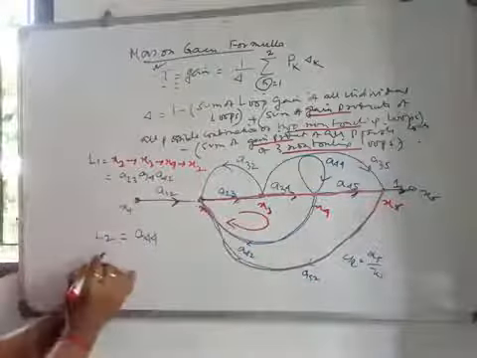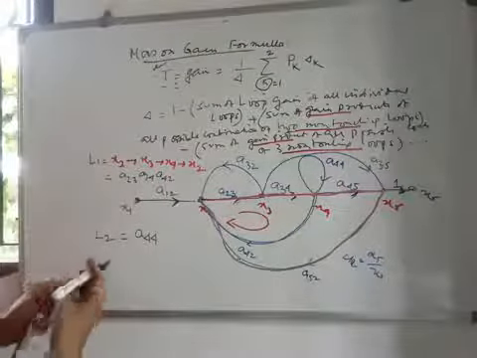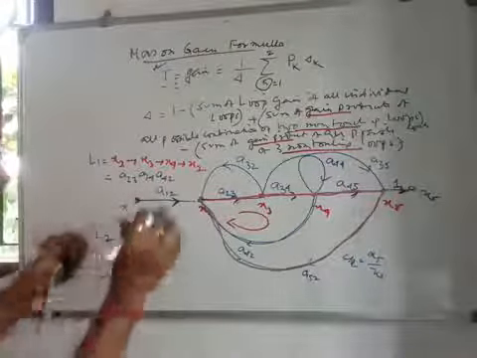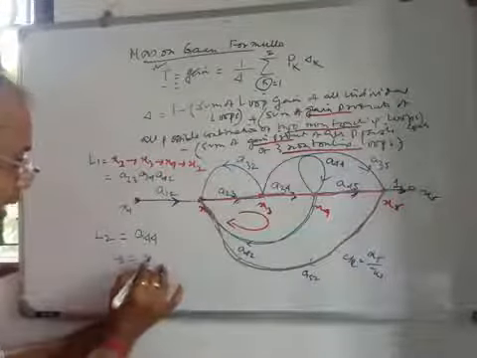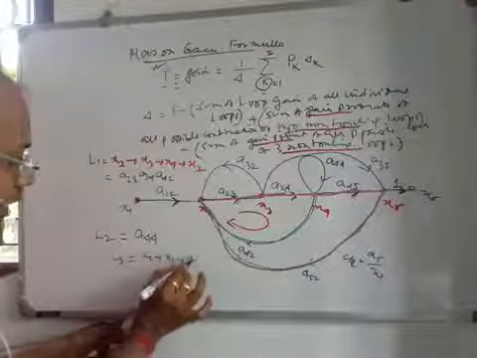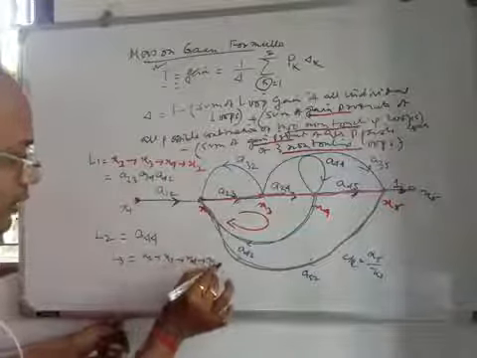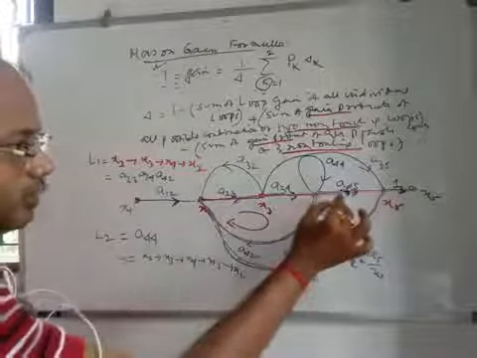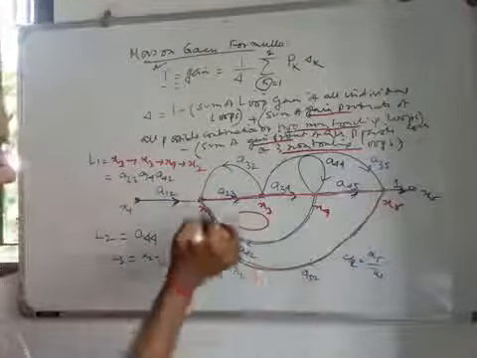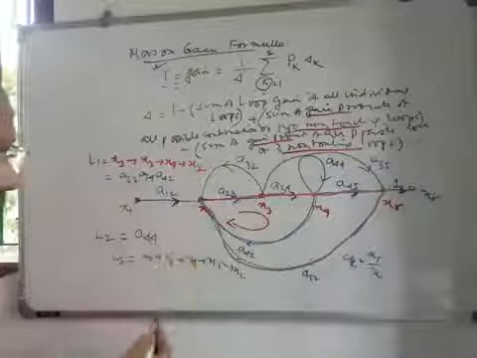That can be loop 3. That is the way to find the defined loops. Here the loop is x2 to x3 to x4 to x5 to x2. That means a23 into a34 into a45 into a52. So this is the loop gain L3.